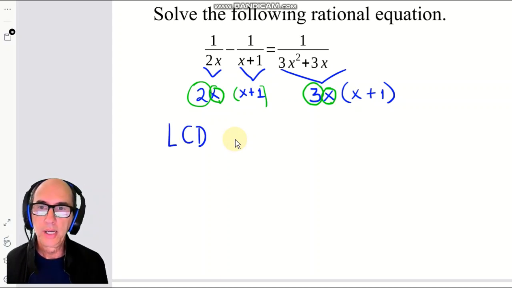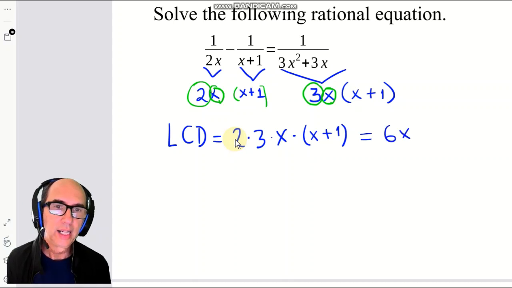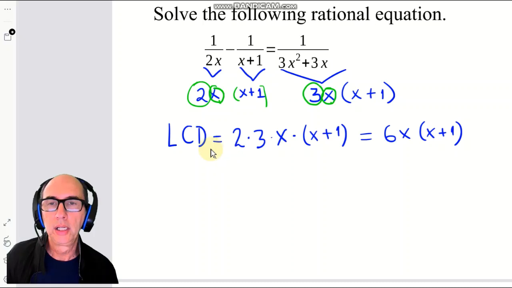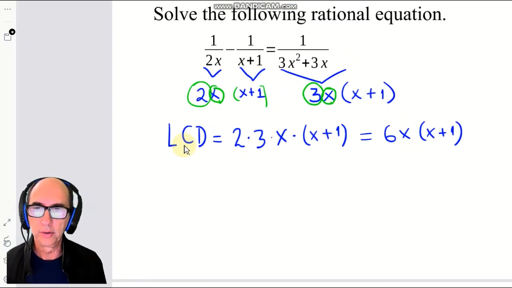The least common denominator equals 2 times 3 times x times x plus 1, which is 6x times x plus 1.